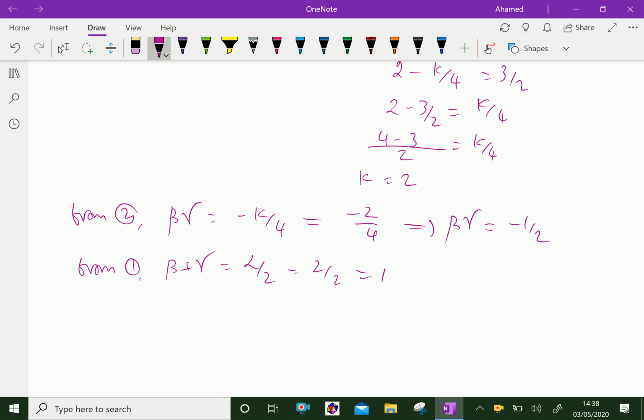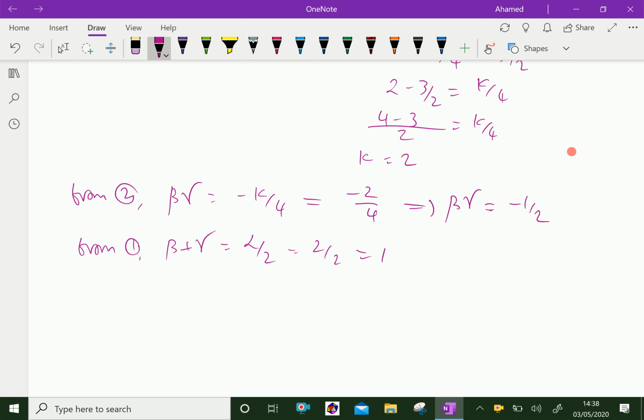Now we have beta gamma is minus half and beta plus gamma is 1.